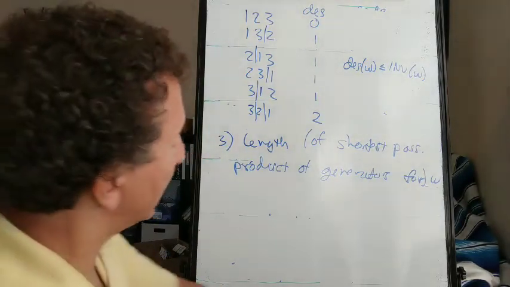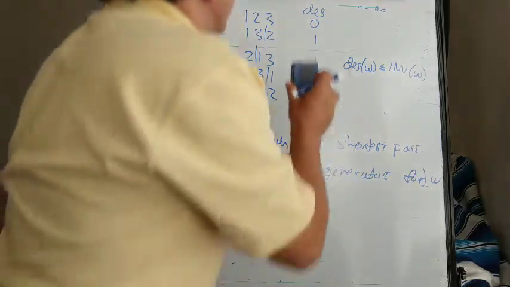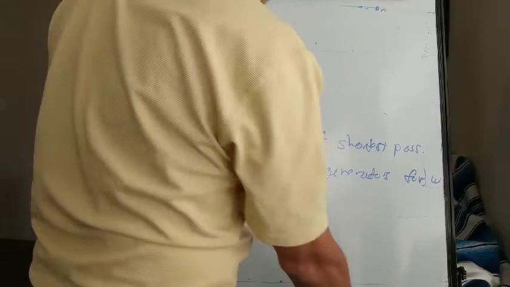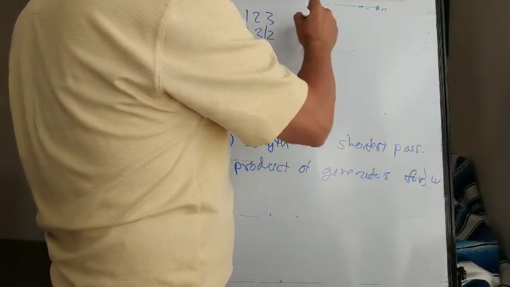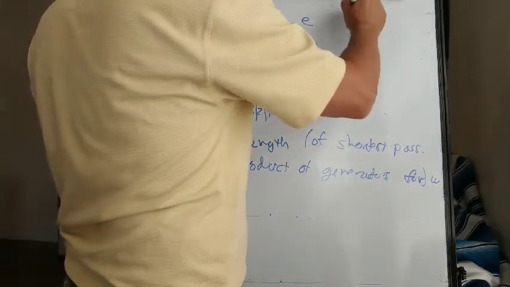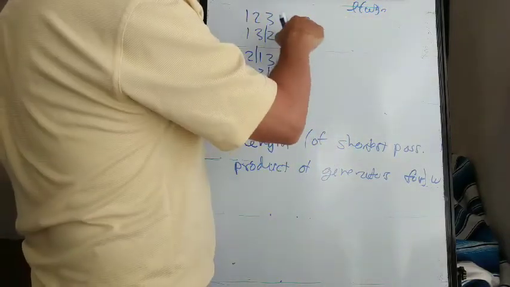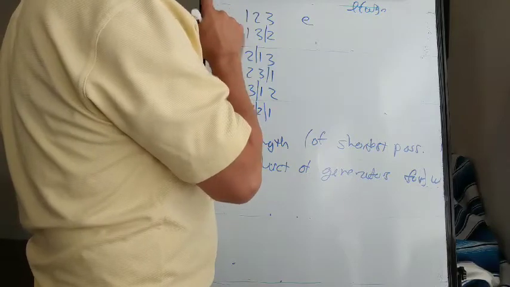So for example, I can use the same chart here. It doesn't take any generators to make the identity permutation.